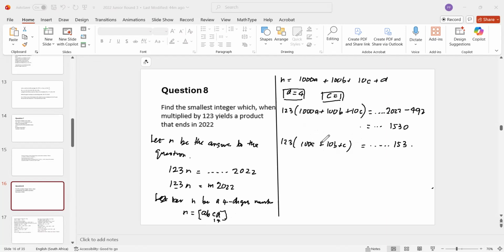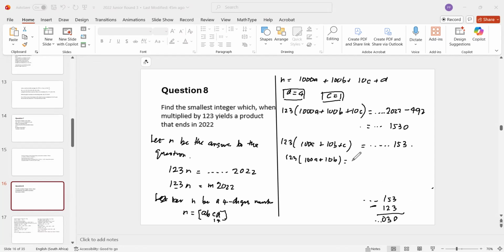I'm going to take 123 times 1. I'm going to put it to the other side, as we did before. So you have this number, which ends in 153. You're taking 123 times 1, and you're putting it on this side, so you're subtracting. And this is 0, 3, 0. 1 minus 1 is 0.